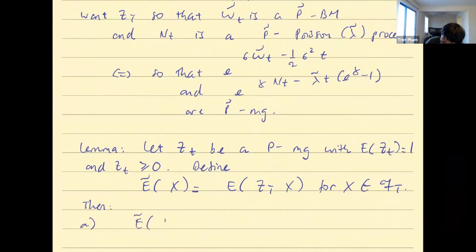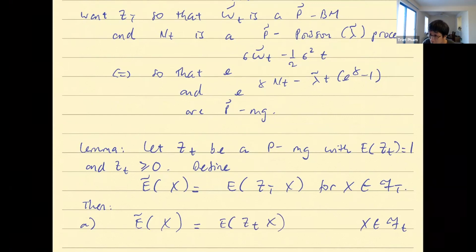You may wonder, okay, this is true for the biggest sigma algebra, because information grows with time. But what if I have something only in a smaller filtration? What happens? Well, the good news for you is it's just this.